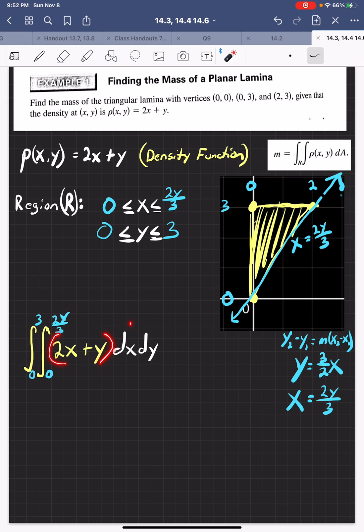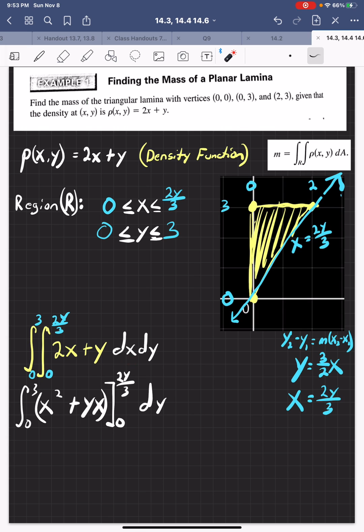So we're going to integrate with respect to x, and we're going to treat y as a constant. So let me go ahead and do that first round. So 0 to 3, and that's going to end up being 2x squared over 2, or just x squared, plus yx, or xy. And then we're going to be going from 0 to 2y over 3.